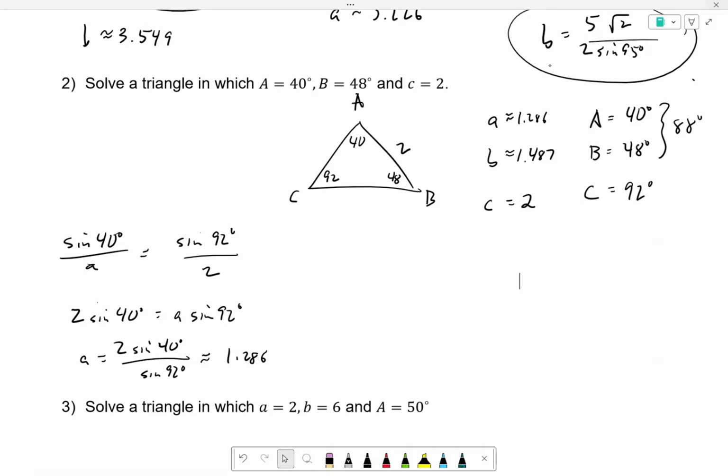For this last problem, my recommendation, if you're looking for B, is to start with B over sine of 48, and compare that to 2 over sine of 92. Is that the same thing as this? Yes, they are the same thing, but what's the benefit of what I just recommended?